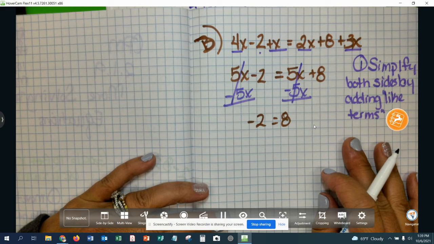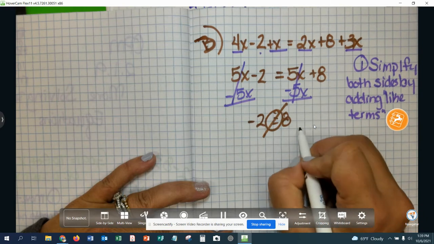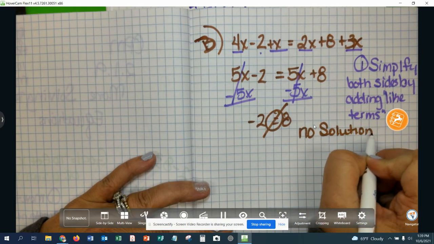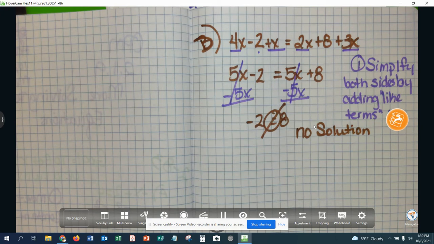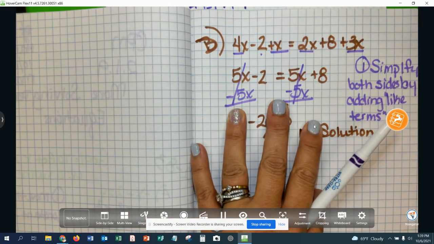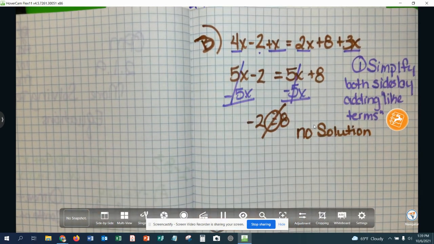Is that a solution? Congratulations, you have reached your first no solution. We cannot solve this problem. Awesome. Once you see that they match and one's a negative, they cancel each other out, you just cut yourself some work.